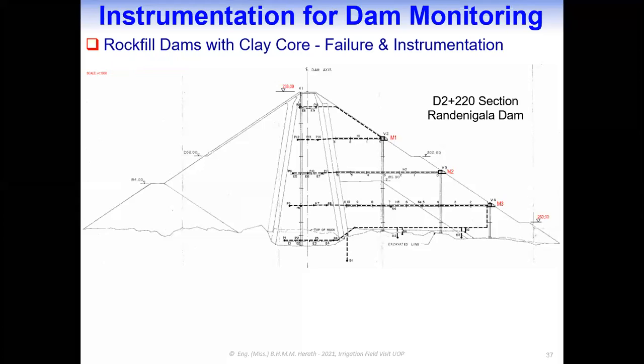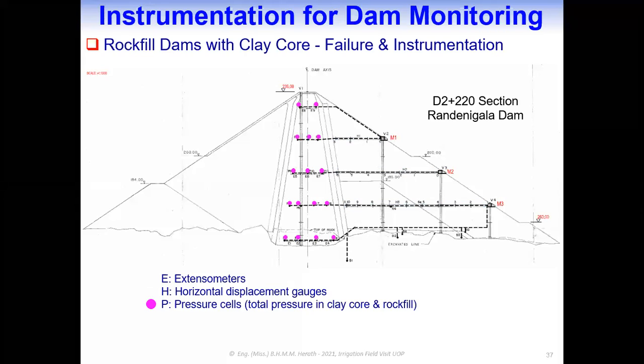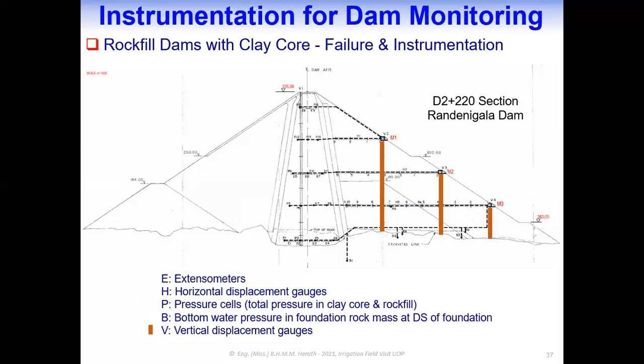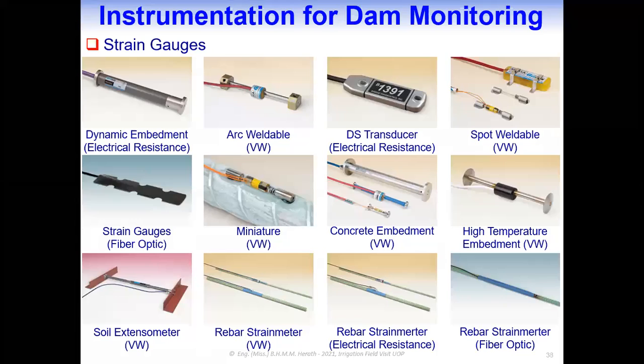So here you can identify extensometers to identify the internal deformation within the clay core, and the horizontal displacement gauges as we discussed for the Kotmale, and then the core pressure cells to measure the pressure in the clay core, and the bottom water pressure of the foundation rock mass as the downstream foundation, and then the vertical displacement gauges to measure the settlements, and then there are strong motion accelerometers also to measure the seismicity.